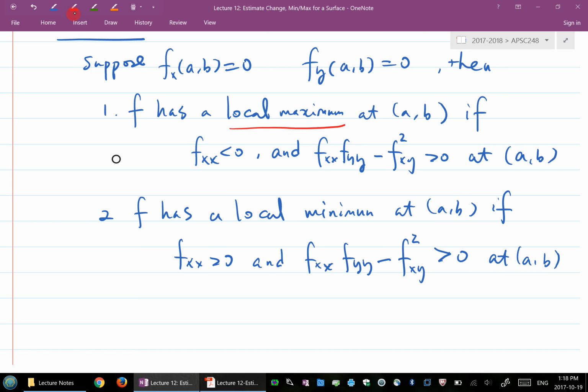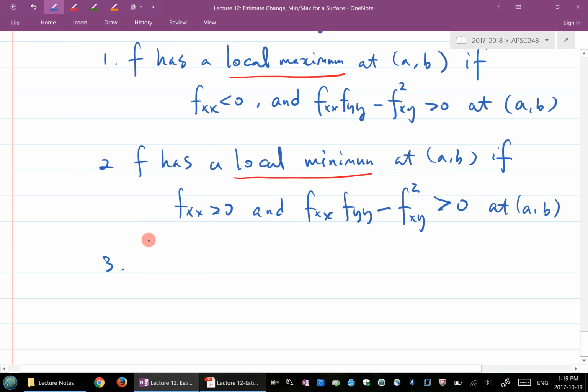This will tell us a local minimum at (a, b) if these conditions are satisfied. Very close, just a sign difference for fxx.